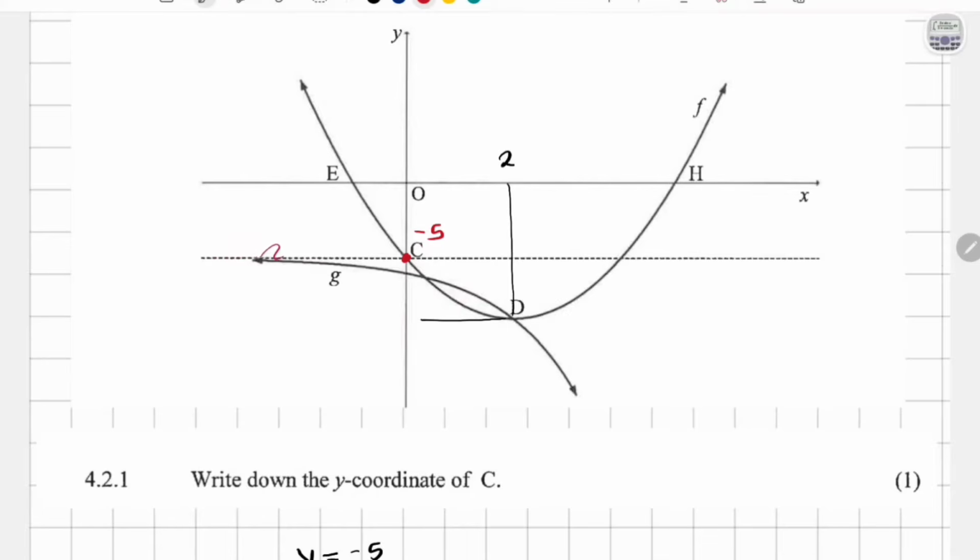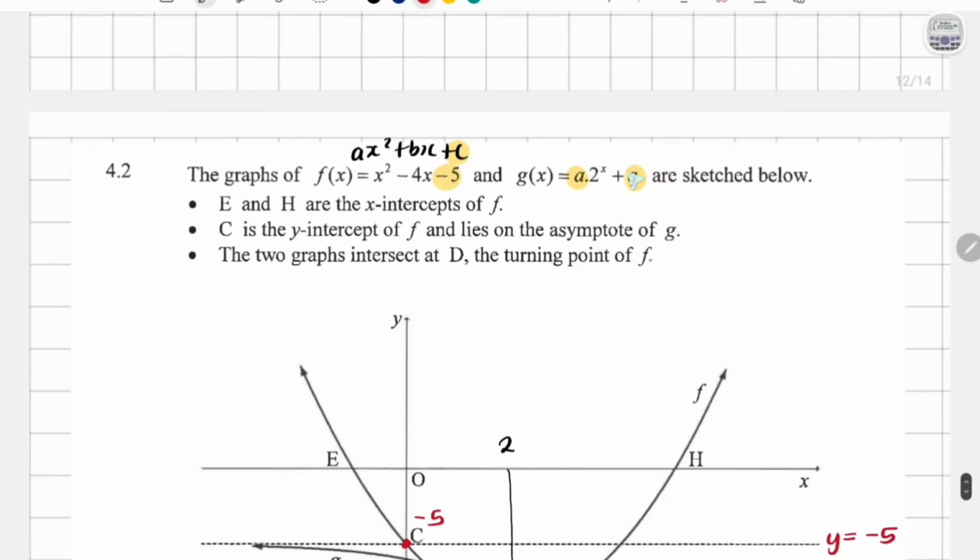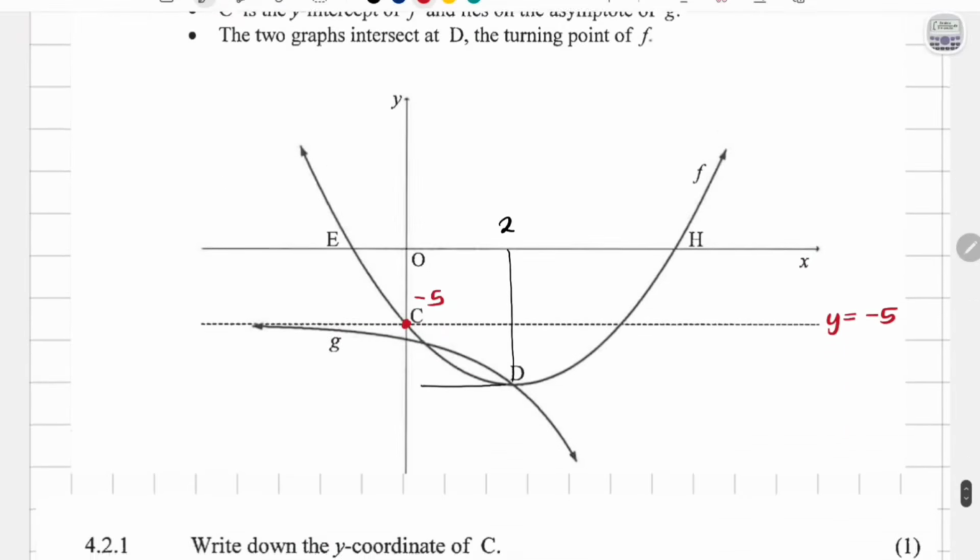That means that this asymptote is passing negative 5 on the y-axis. So because it's a horizontal asymptote, it is passing negative 5. It means that the equation of that horizontal asymptote is y is equal to negative 5. So we know that now, and so that means we know the value of q. That q is actually equal to negative 5.